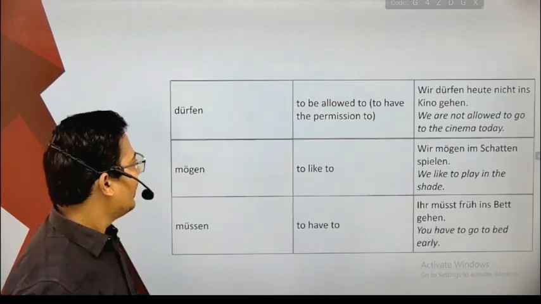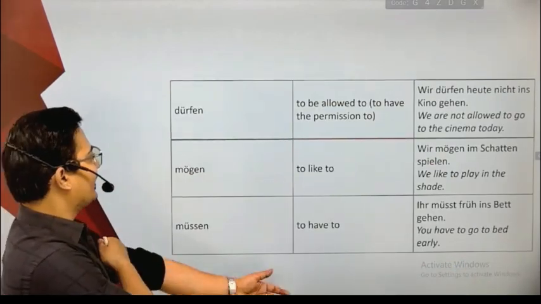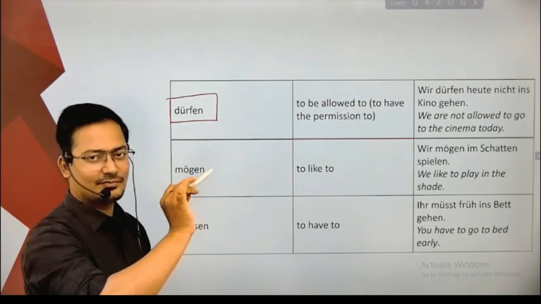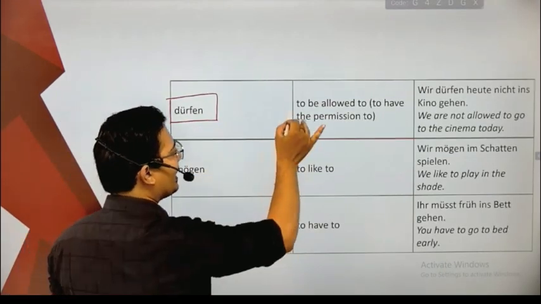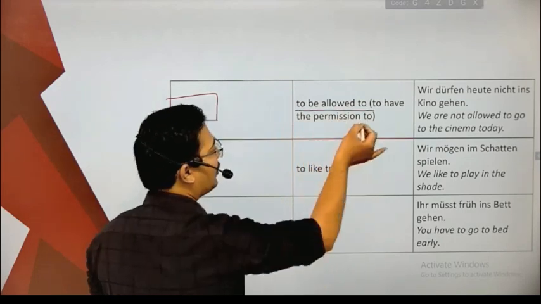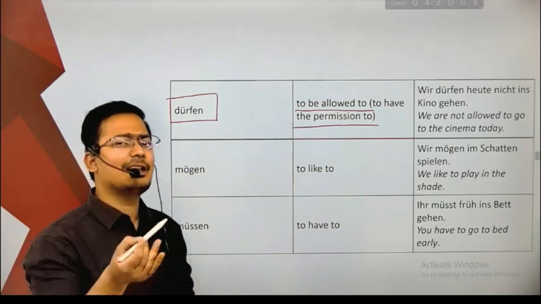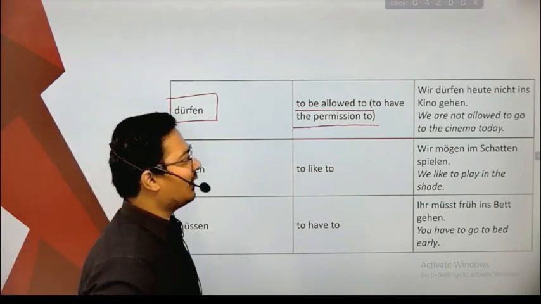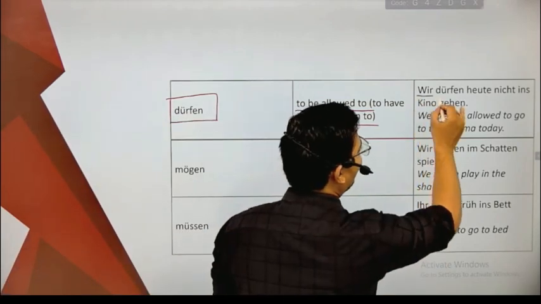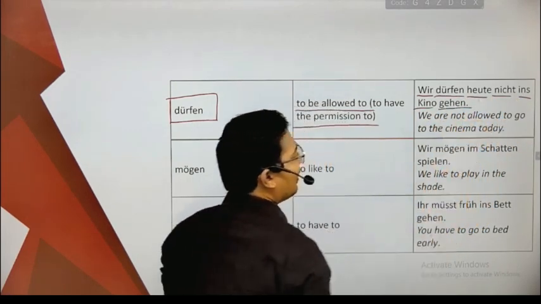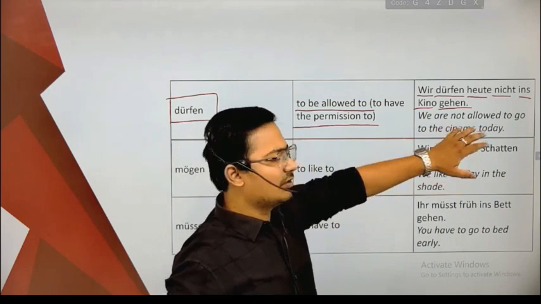Now see a few uses. Dürfen means may, to be allowed, to have the permission to. When we seek permission we use dürfen. Now see an example: Wir dürfen heute nicht ins Kino gehen. We are not allowed to go to the cinema today.